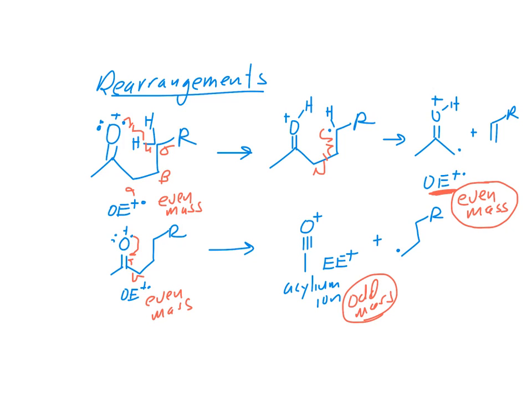And that tells us that this has to be a functional group that can do a rearrangement, something like this, perhaps. The first rearrangement that we talked about, that was a gamma rearrangement? Yeah, gamma. So that's called the McLafferty rearrangement.